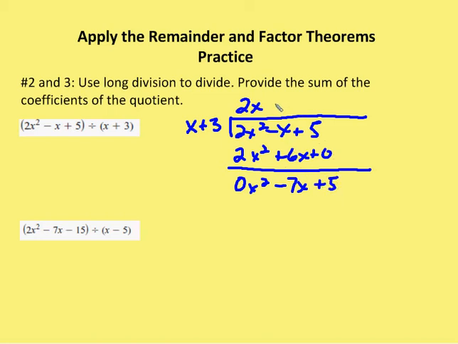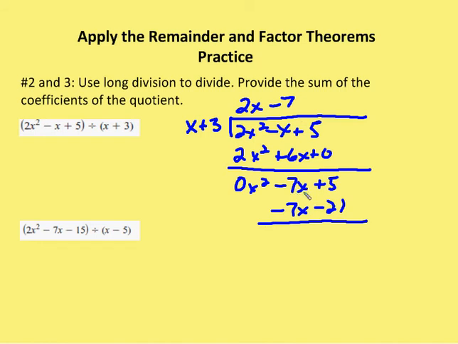Now my next term in the quotient is going to be the value by which I multiply the first term of the divisor in order to get -7x. So it would be -7. I multiply -7 times x, I get -7x. -7 times 3 gives me -21.